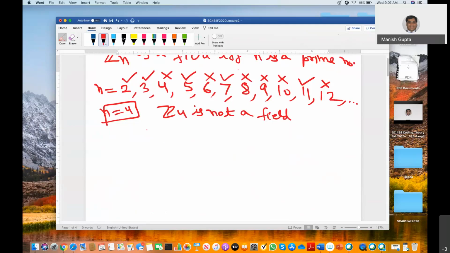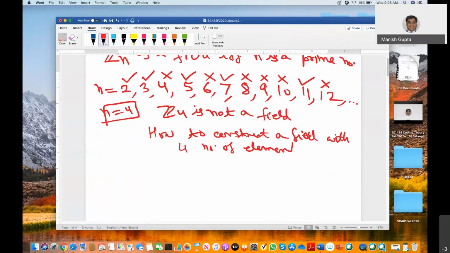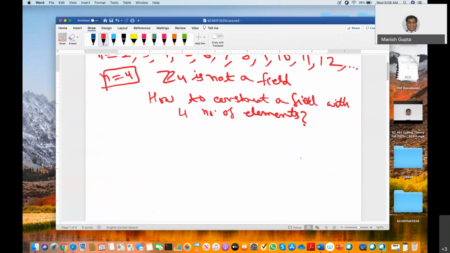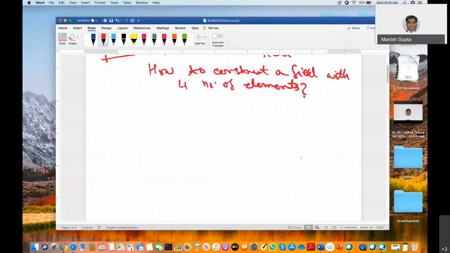So how to construct a field with 4 number of elements? This is a very important question, and I'm going to show you. It's a really beautiful construction.